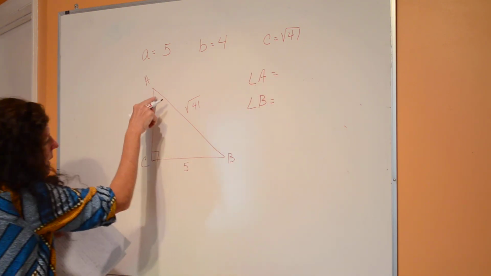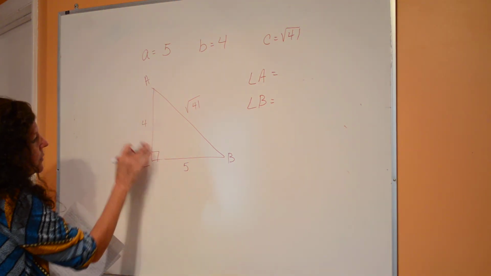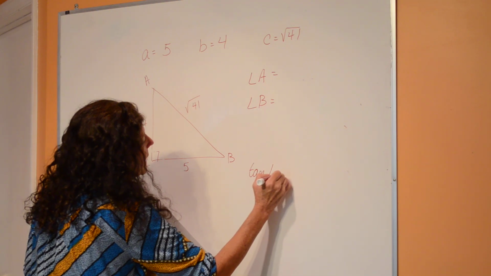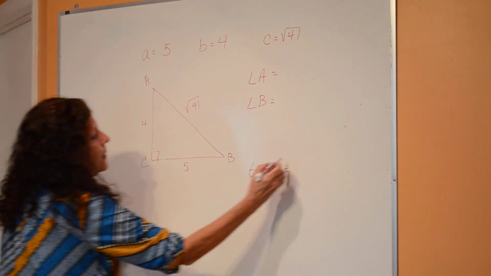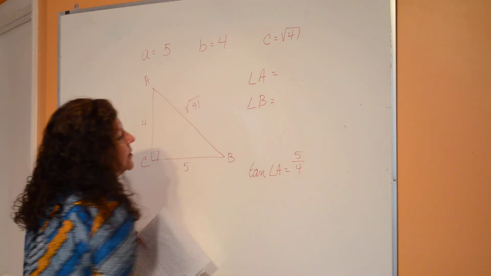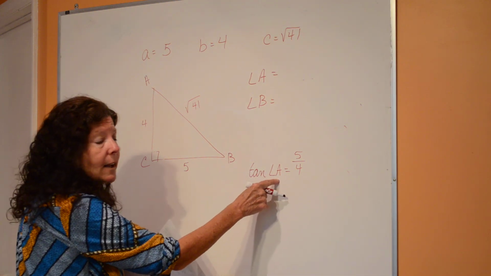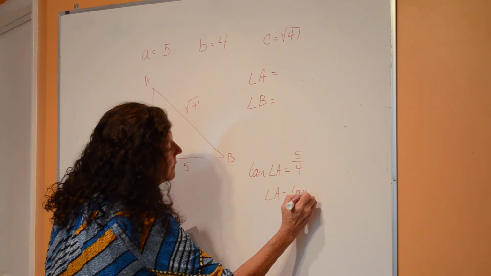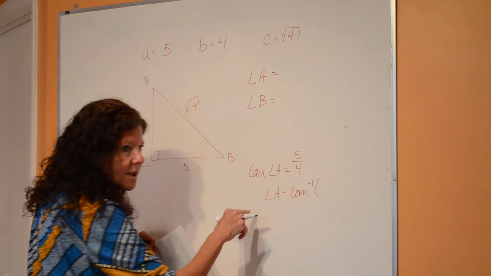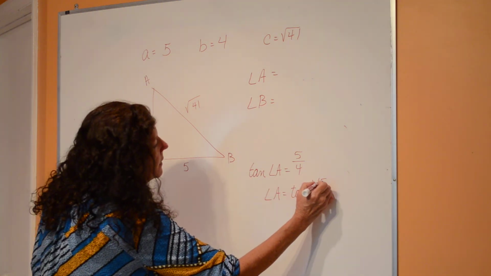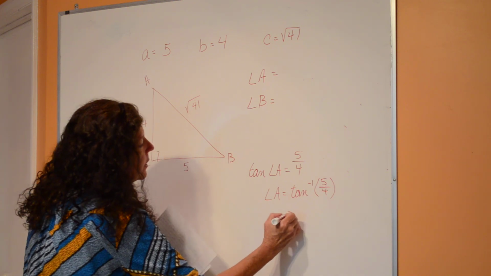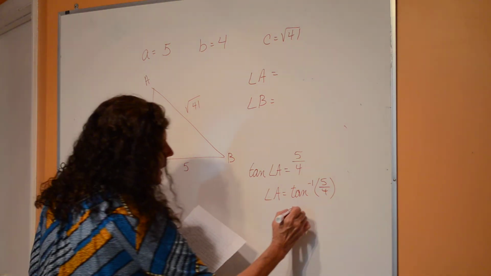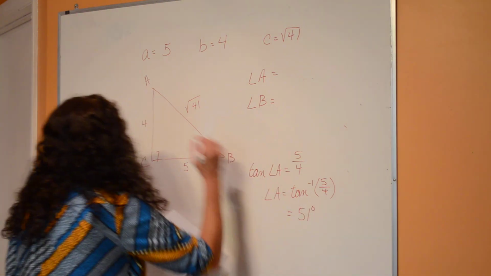Okay, we can find angle A if I'm standing right there. Again, if I want to use tangent so I don't have to deal with the square root, I have the tangent of angle A is equal to opposite over adjacent. I'm trying to find an angle measurement, so you know I'm going to use inverse. So the inverse tangent, which is second and then the tangent button, of 5 divided by 4 is going to give me the measurement of angle A, and I'm going to get 51 degrees.